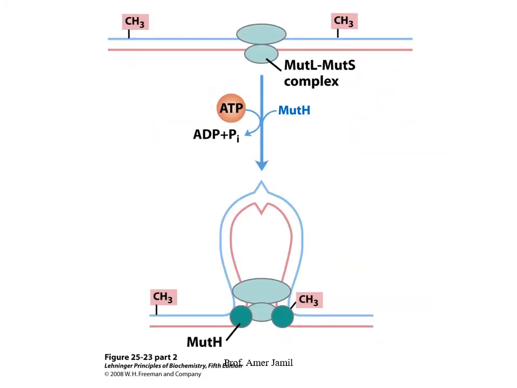And then there comes MutH. Again, ATP is hydrolyzed here, and this complex is formed where all these three proteins are there. Hydrolysis of ATP, or ATP requirement, makes this an energy dependent process and also gives a certain specificity to this process.